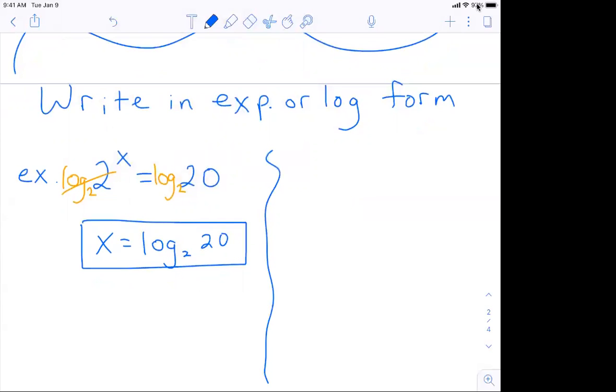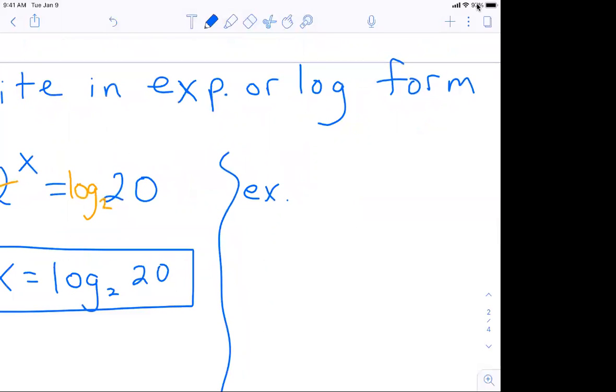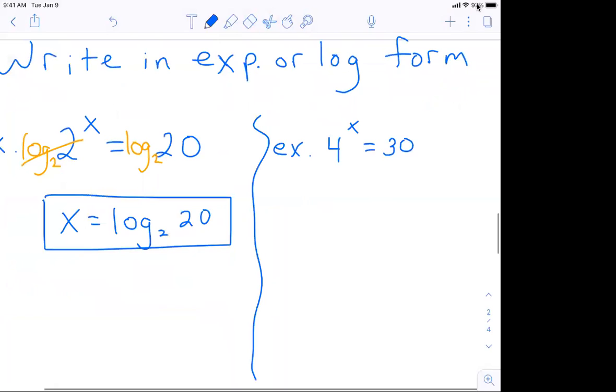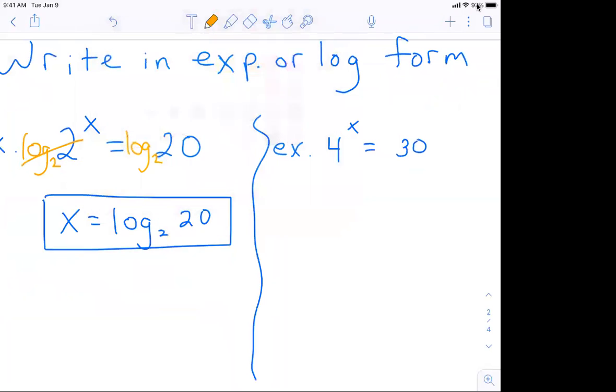Okay, so log 2, we just cancel. So then what if we have like log 2, 4? All right, good question. Let me start with this. Let's say we had 4 to the x is equal to 30. Now, what we want to do is get rid of or undo the 4 to the x.